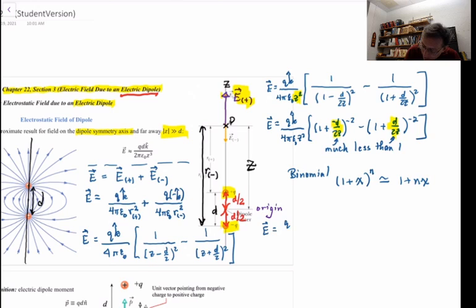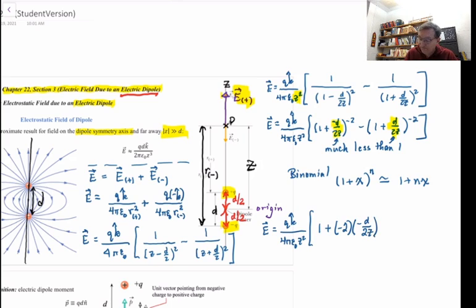So E is qk hat over 4 pi epsilon 0 z squared. Okay, for the first binomial, I'll have 1 plus n, negative 2, and the quantity x is negative d over 2z. That's applying the binomial approximation to the first binomial.